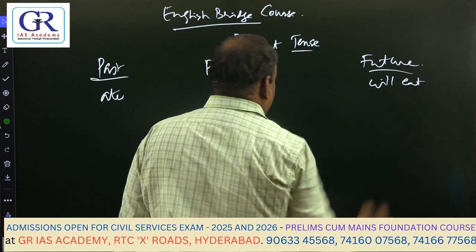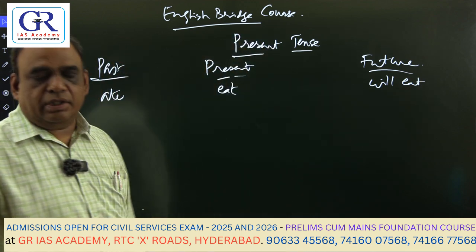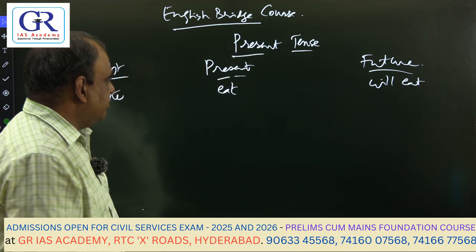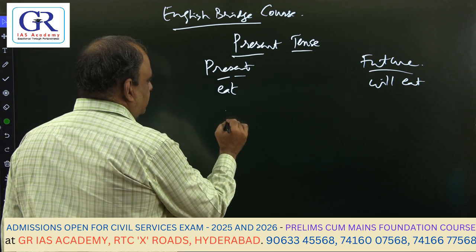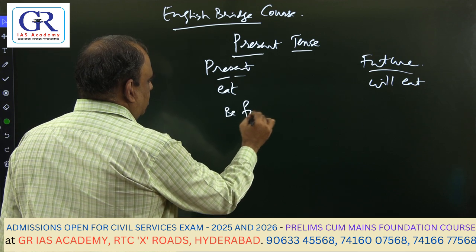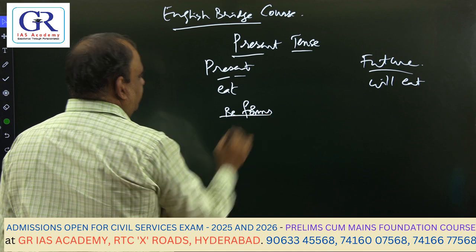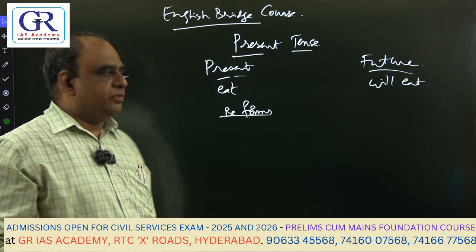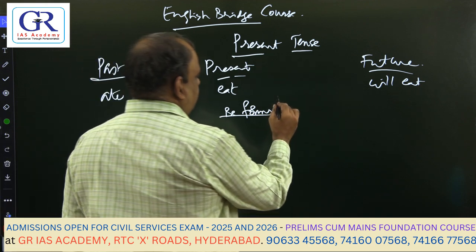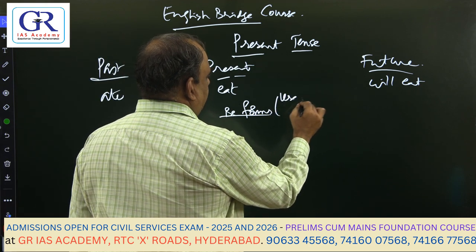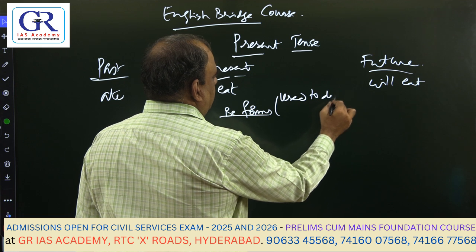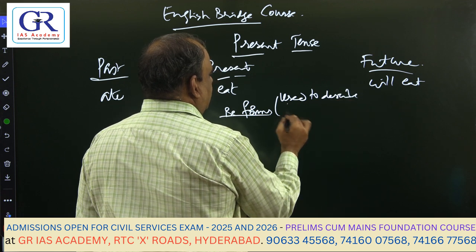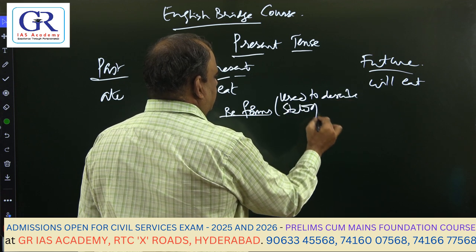Now all along I have been telling you that there are be forms. What are be forms? Be forms are the verbs which are used to describe the state of the subject.